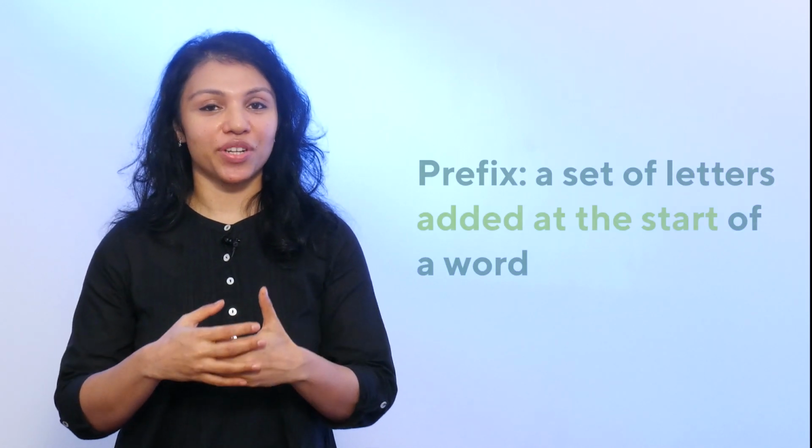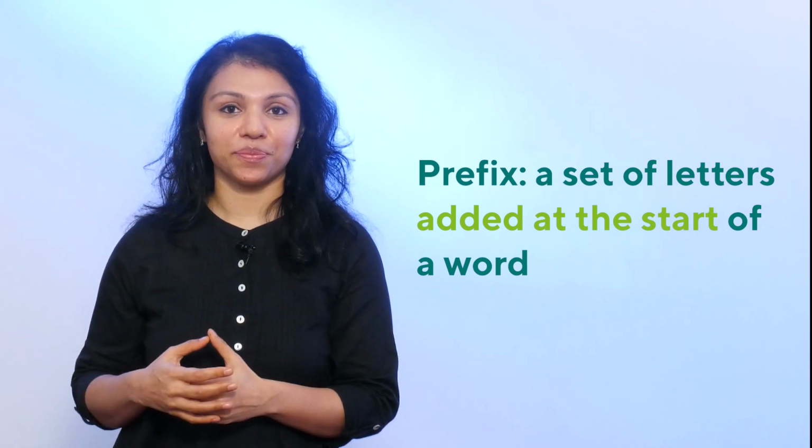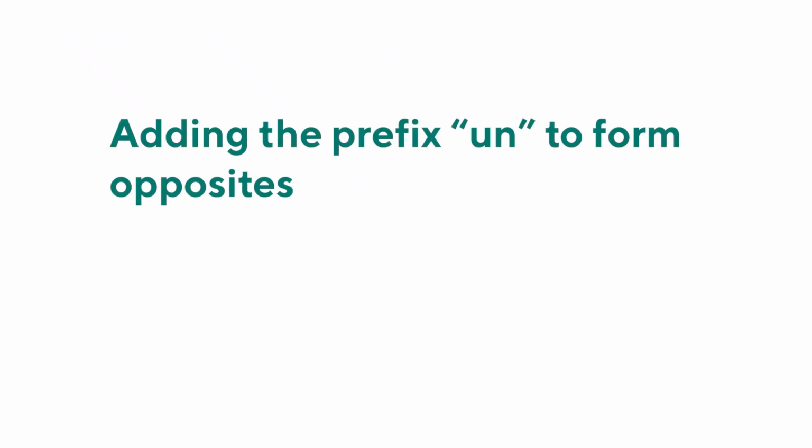Moving on, let's look at how to form the opposites of some words by adding a prefix. What is a prefix? These are letters that you add to the start of a word. I will take you through a couple of examples so that this is very clear to you. Let's look at the word able. To get its opposite word, you add the prefix un so that it becomes unable.